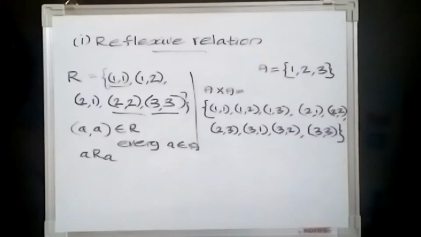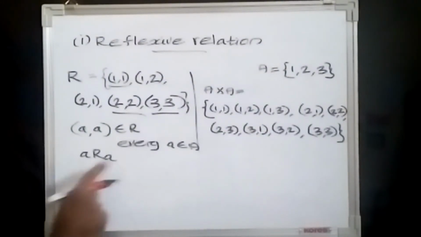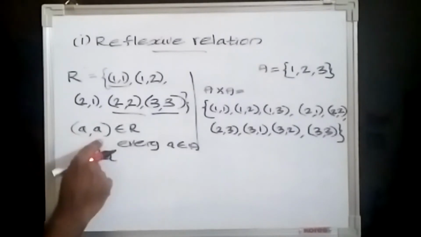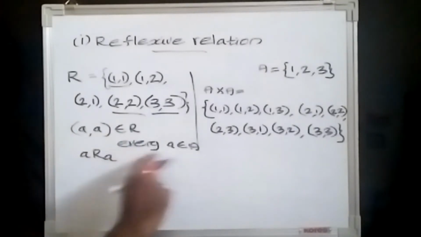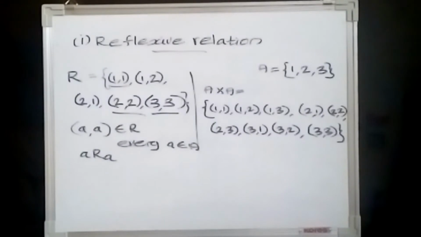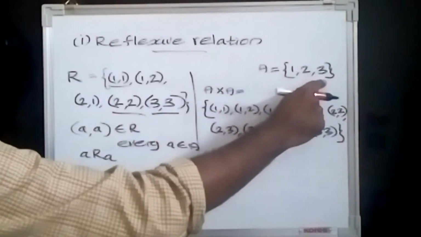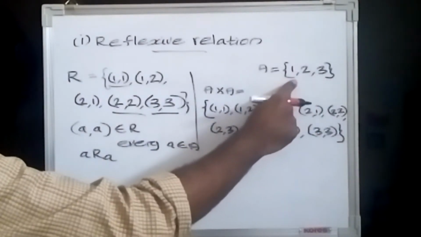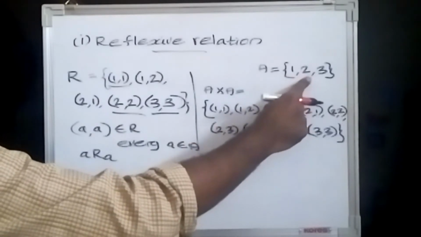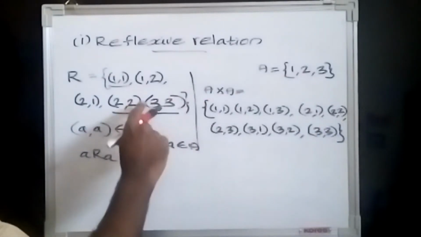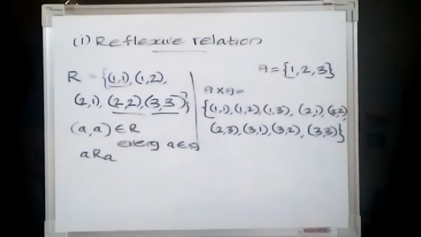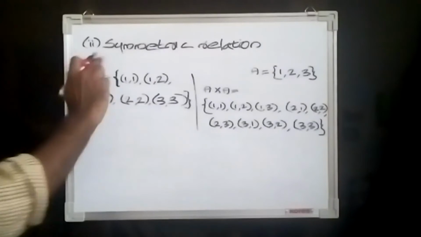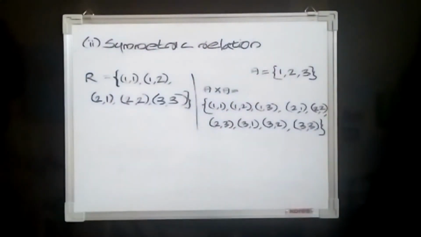If a relation R in the set A is a reflexive relation, then A is related to A, or (A, A) belongs to R for every A belonging to A. Thus, if A equals the set {1, 2, 3}, then 1 should be related to 1, 2 should be related to 2, and 3 should be related to 3 for it to be a reflexive relation. The next one is a symmetric relation.